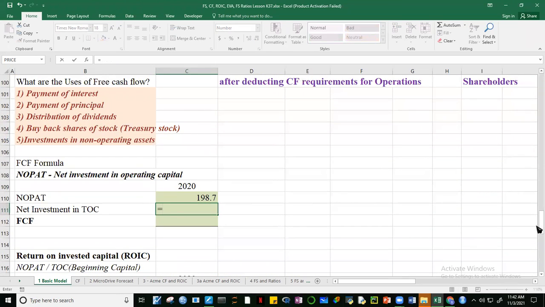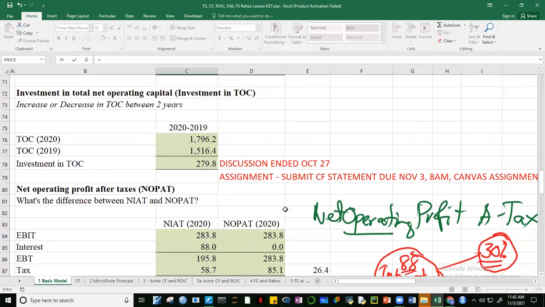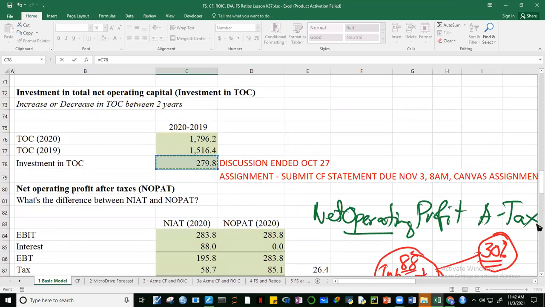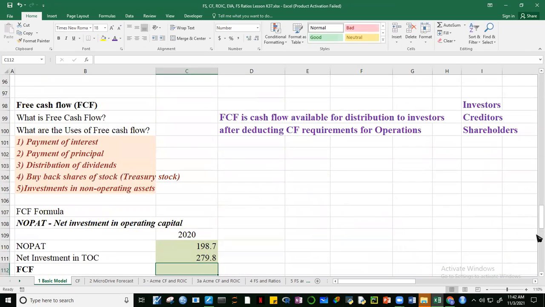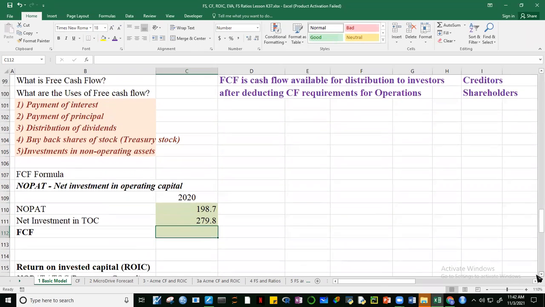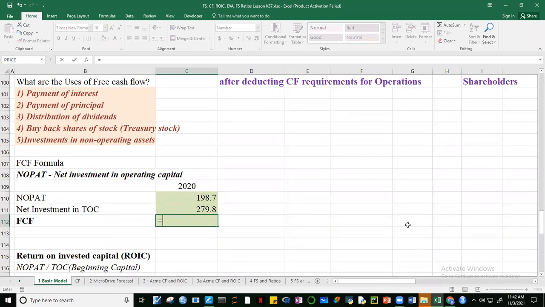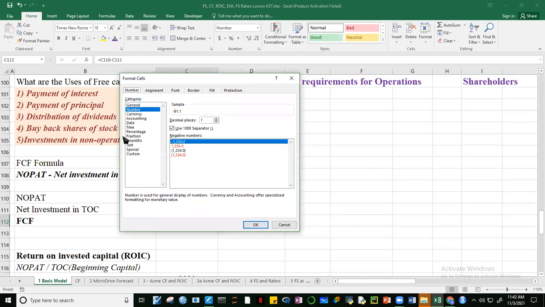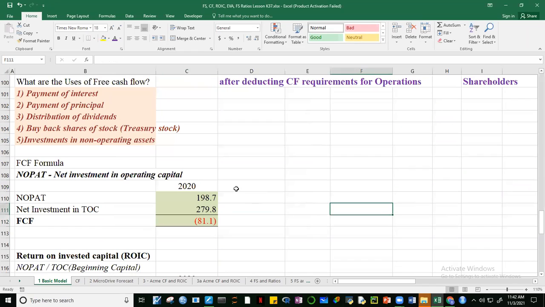So this is equal to how much was invested in operating capital, 279.8. Okay, so free cash flow will be equal to this one minus this one. Okay, so let me just format that for better appreciation. Okay, all right. We have a free cash flow of negative 81.1.